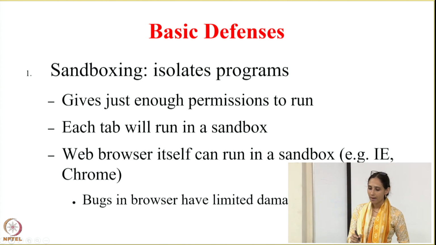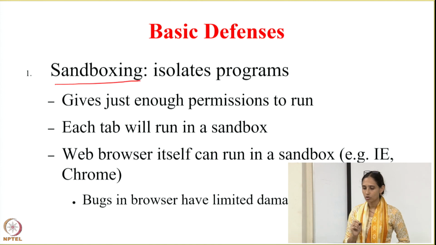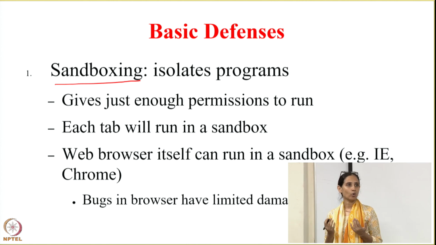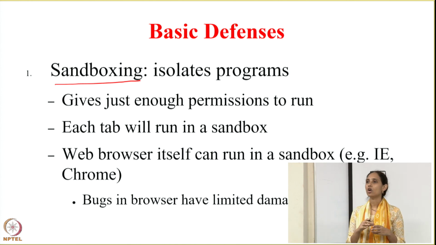So one defense mechanism is what is called sandboxing. If I open Google Chrome or Firefox, these web browsers basically run in a sandbox. Sandbox means that whenever they are running, they cannot alter other files outside of the sandbox.